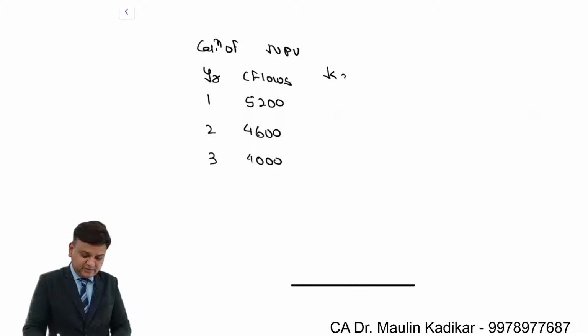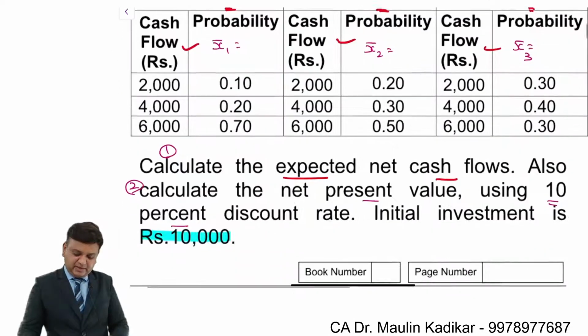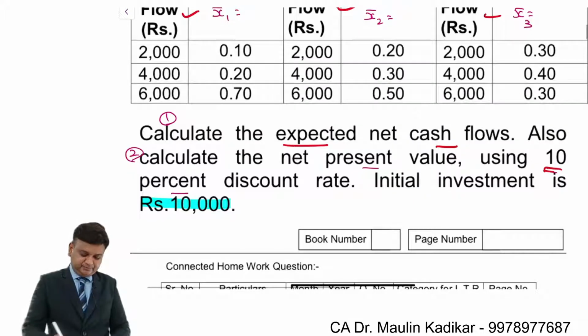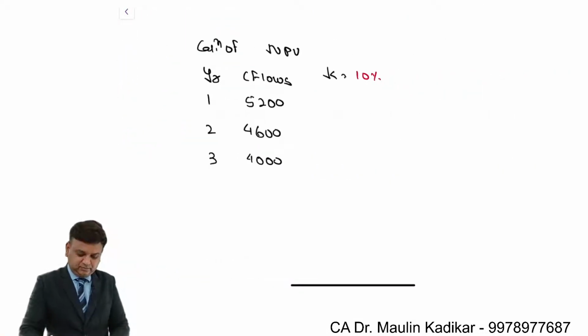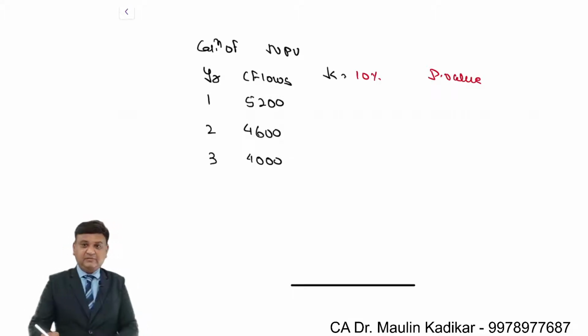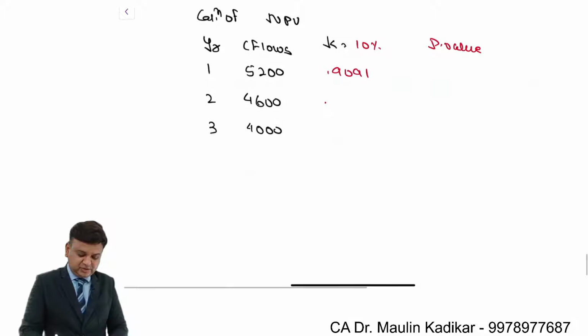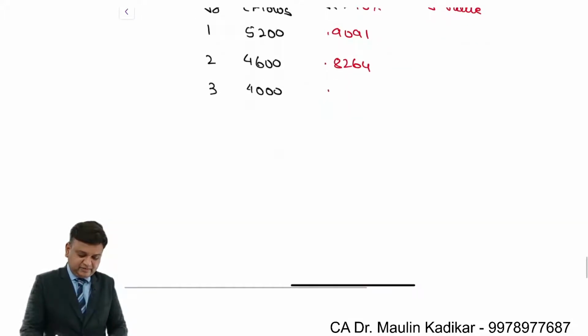Discounting at the rate of 10%. That is, 10% is the discounting rate provided to us in the question. And present value. So 10% factors have not been given, so we'll compute them. First year 0.9091, second year 0.8264, third year it is 0.7513.